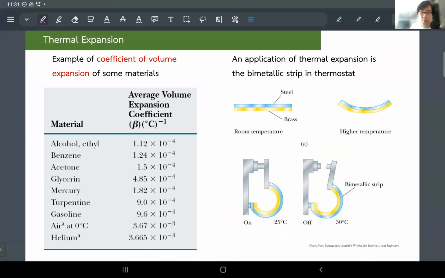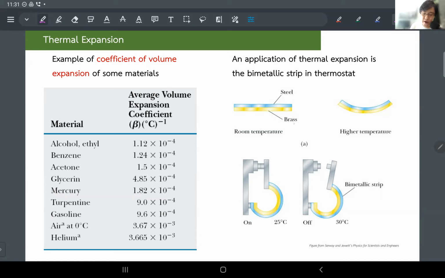And this one shows you some application, even though this kind of application is probably obsolete nowadays because you use digital control now, not mechanical control. But this one is kind of cool. It's called a thermostat. In a device where you want to control temperature but you are not allowed to use electronics in that area, maybe it's super hot or super cold, then you might still resort to mechanical parts.